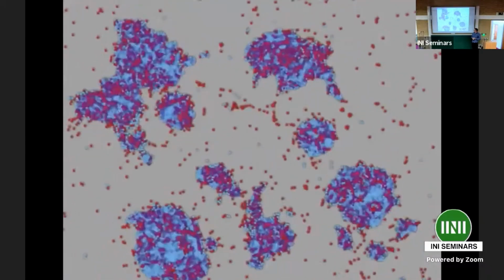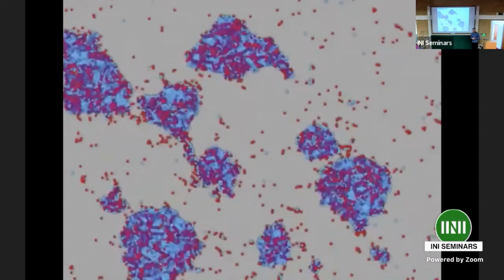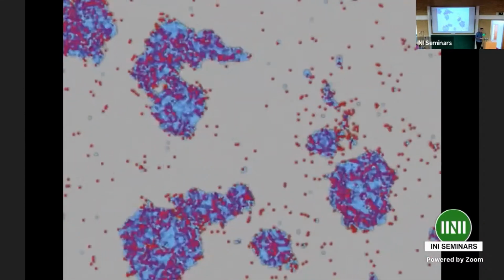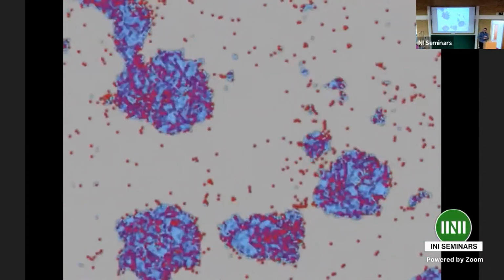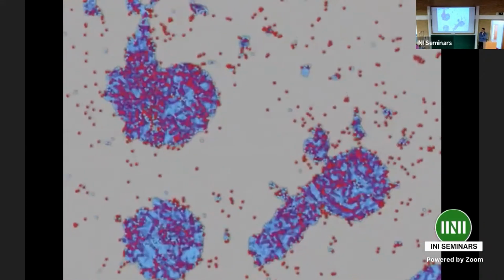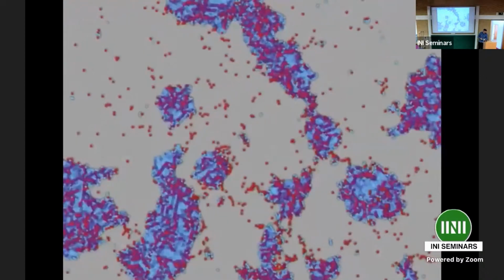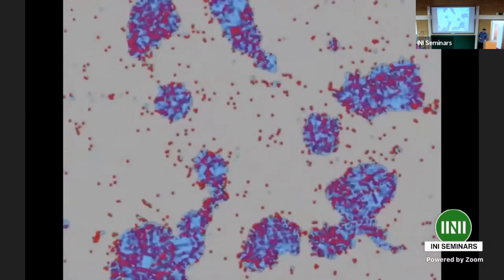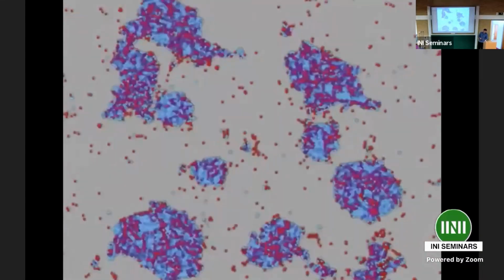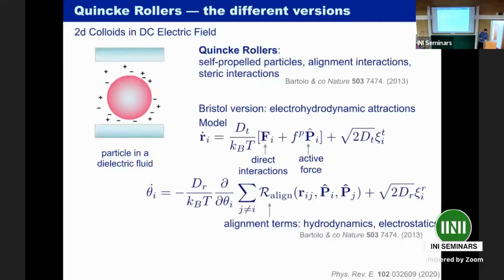What that means is that if it's pale blue, they're hexagonally ordered, and the redder it is, the less hexagonally ordered. So this is experimental data. We track the coordinates, and we can analyze the structure and dynamics. So that's to introduce the system.